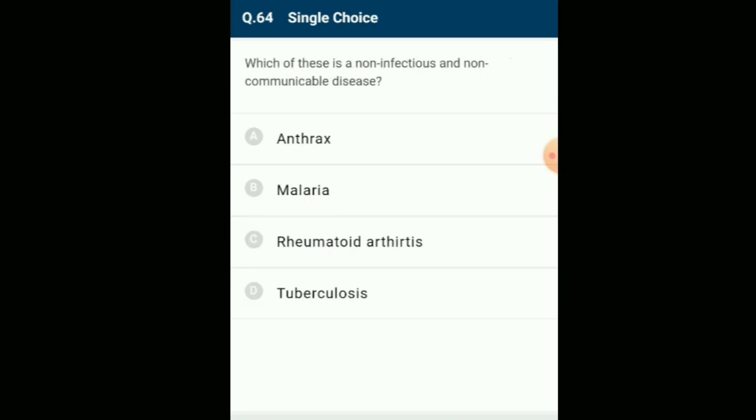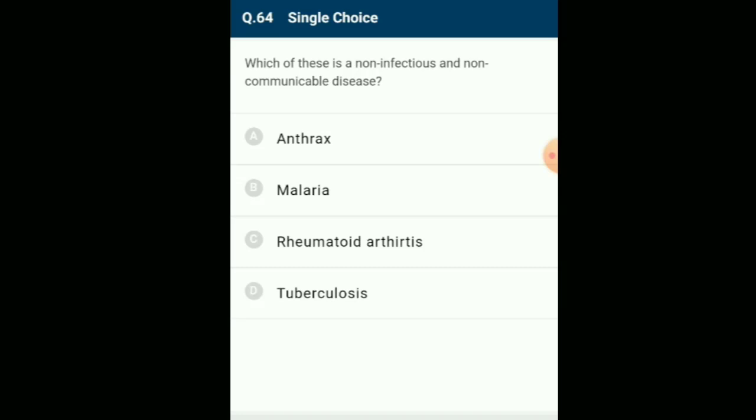Question number 64. Which of these is a non-infectious and non-communicable disease? Sometimes, due to genetic or unknown reasons, the body is unable to differentiate between its own and foreign cells and attacks its own cells. This is known as autoimmunity, and the diseases occurring as a result of this are known as autoimmune diseases.